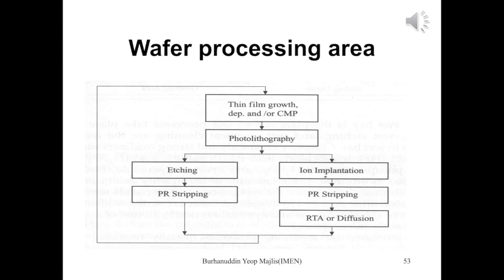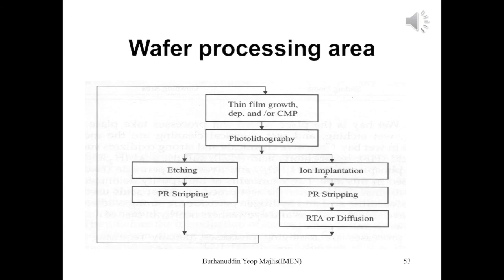This shows an example of process flow in the wet processing area. First, thin film growth or deposition or CMP. Then after deposition, we do photolithography for patterning. After we have the pattern, we can etch or we can implant, depending on the step.